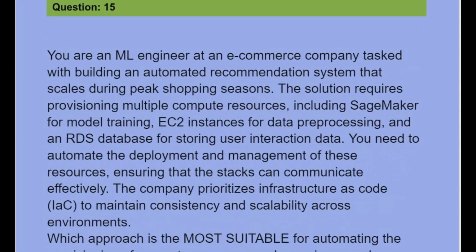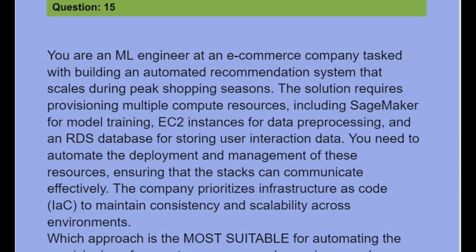Question is, you are an ML engineer at an e-commerce company tasked with building an automated recommendation system that scales during peak shopping seasons. The solution requires provisioning multiple compute resources including SageMaker for model training, EC2 instances for data preprocessing, and an RDS database for storing user interaction data.